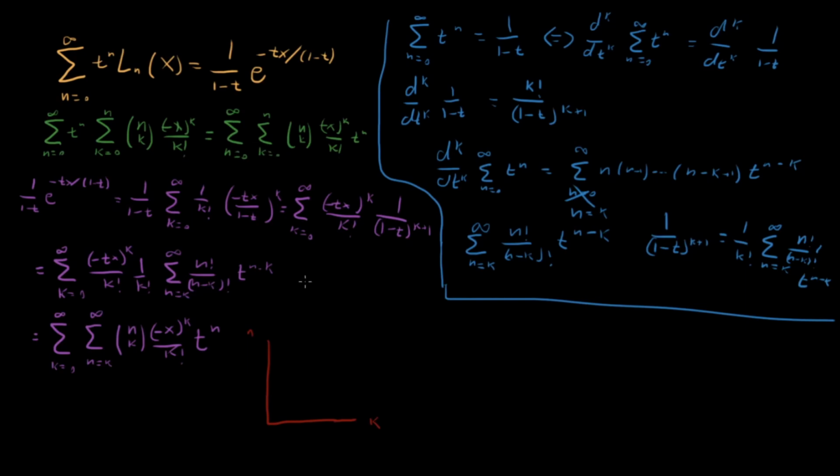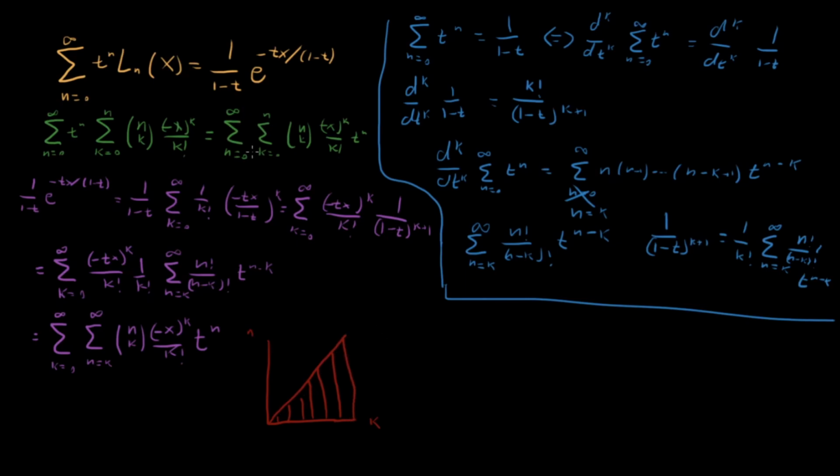Well, let's look at it. We know that our sum is going from k equals 0 to n. So you start from k equals 0, and then you go up to n, and you do it for all n. Along this line, n equals k, what this sum is doing is picking out all of the terms from k equals 0 up to n, and it does that for all n.